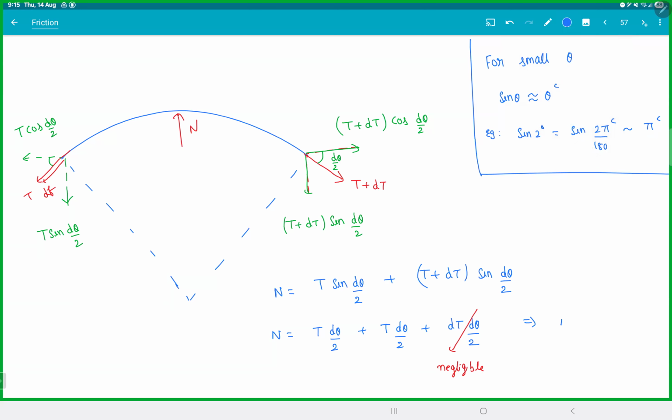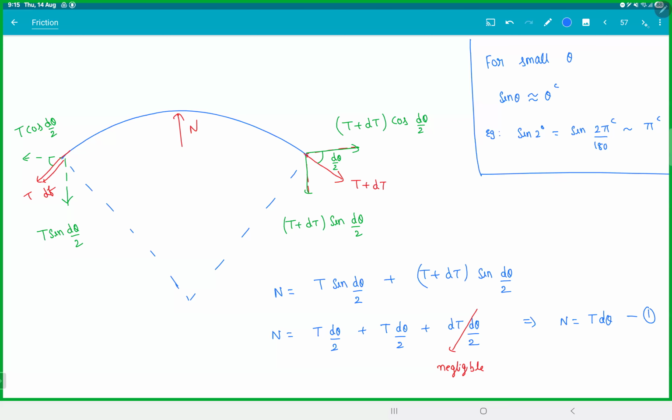So from here we got normal reaction is T into d theta, where T is the tension of the rope at that instant and d theta is a small piece. A lot of work, I know. All clear, the picture so far?